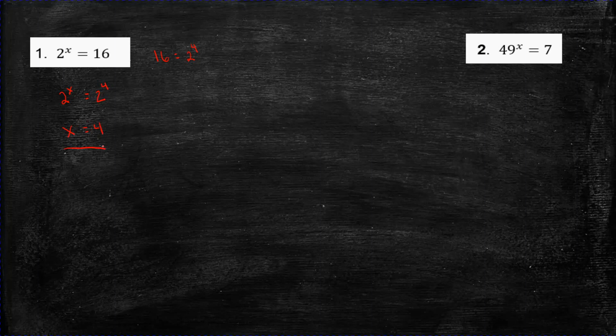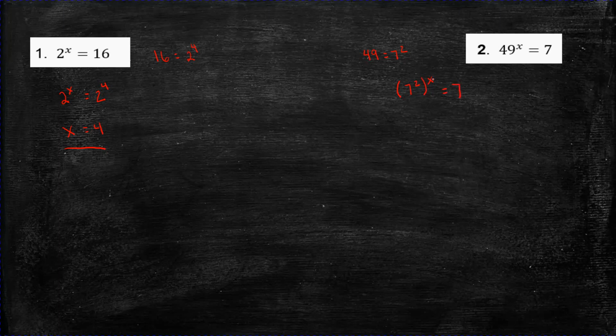That's pretty easy. Let's try it again this way. Now I'm going to flip it around the other way. I can think of 49 as 7 squared. So what I have then is, in parentheses, 7 squared to the x power equals 7.